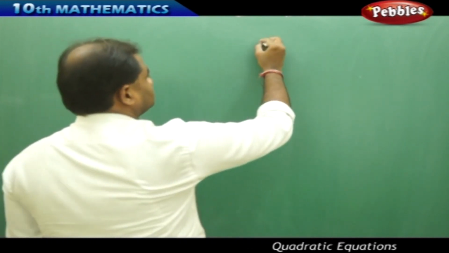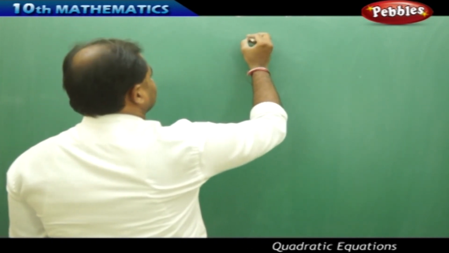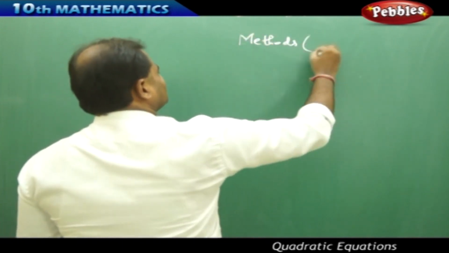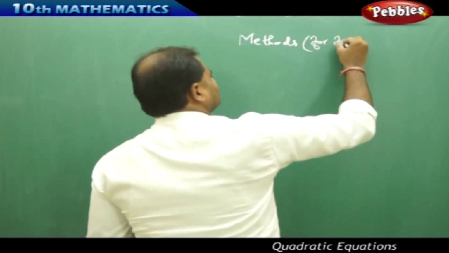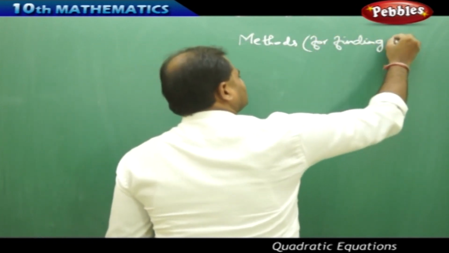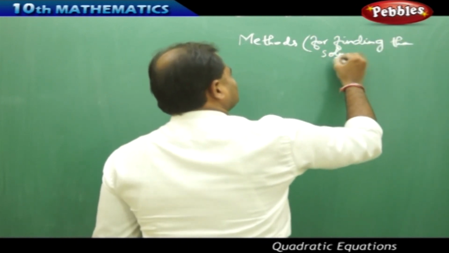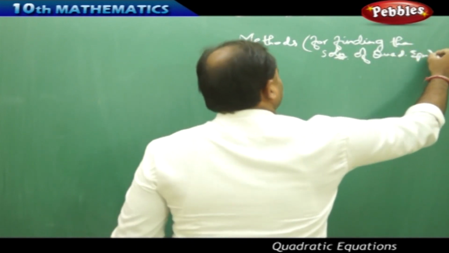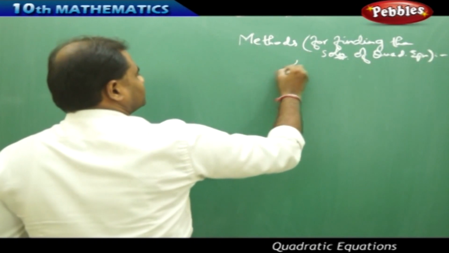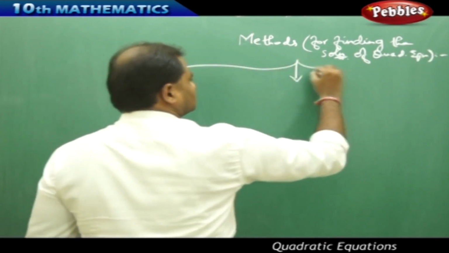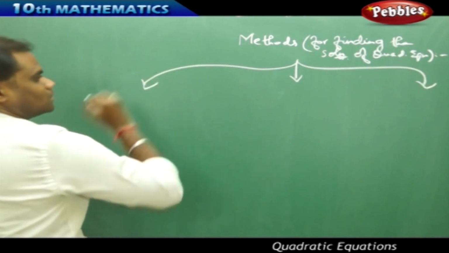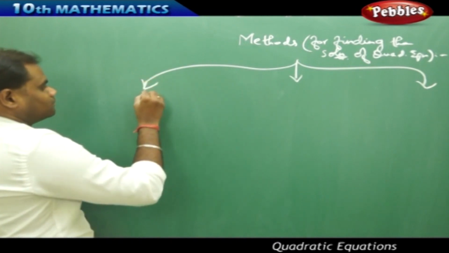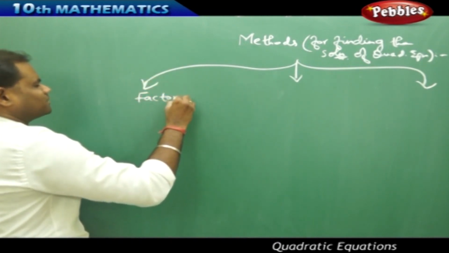So to start with, the methods for finding the solution of a quadratic equation: we have three basic methods. The first method is called the factorization method.